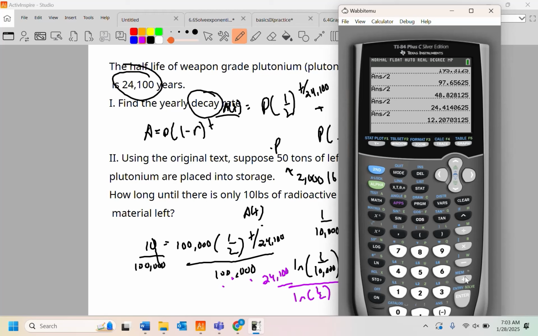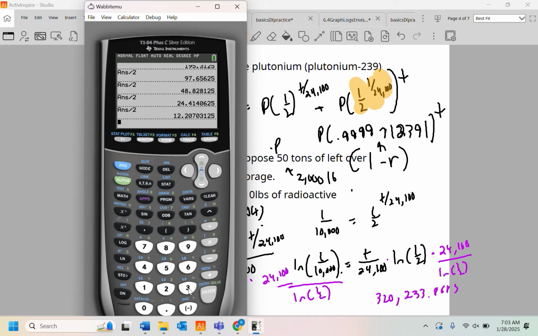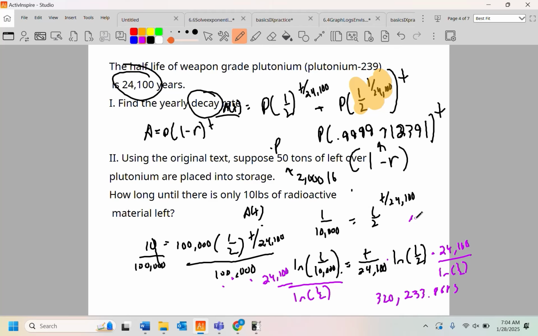Okay, so yeah. Our answer was 320,233. We have a half-life of 24,100. So it was about to happen the next time, wasn't it? So yeah, the answer is reasonable. I just thought it would take longer.